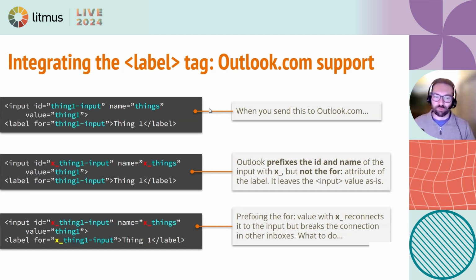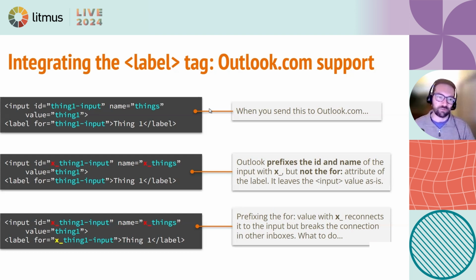They don't, however, prefix the value of the for attribute in the label. So you can see in the second image there, we get an X on the ID, we get an X on the name of the input, but in the label, it's just exactly what we put, thing-one-dash-input. So by default, that connection is broken.